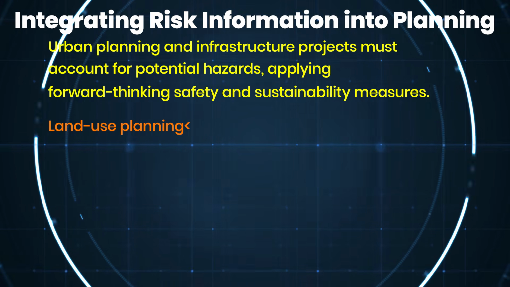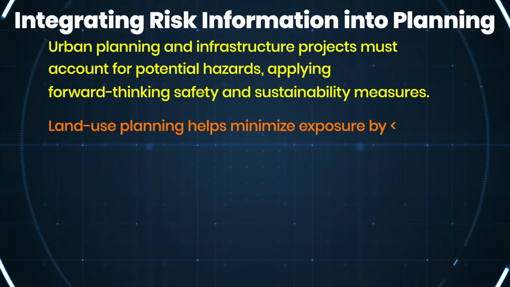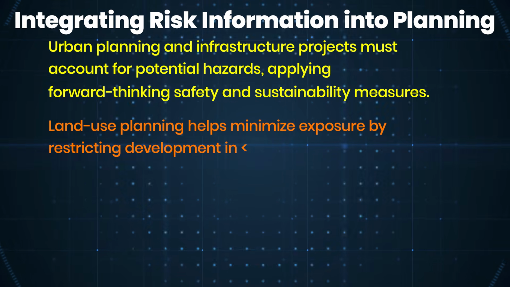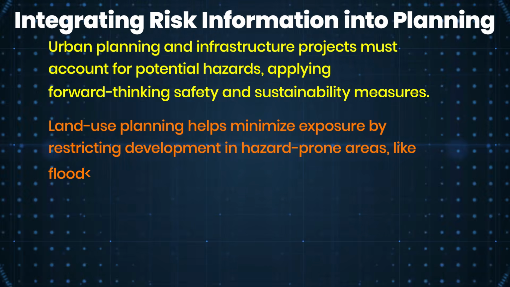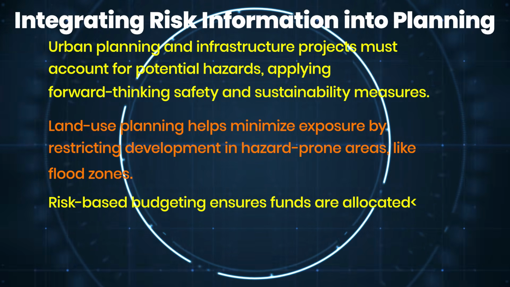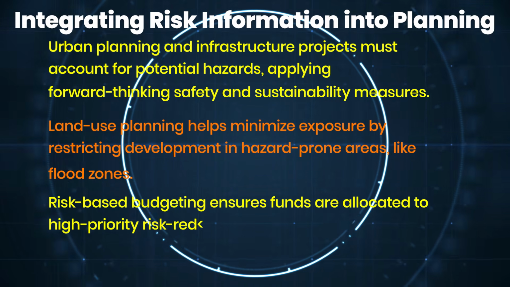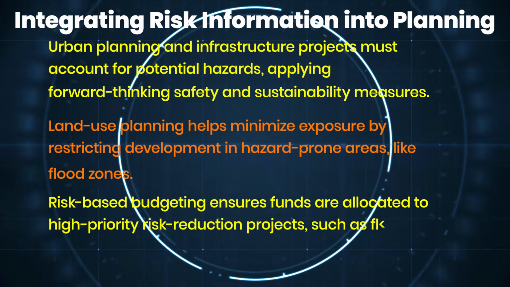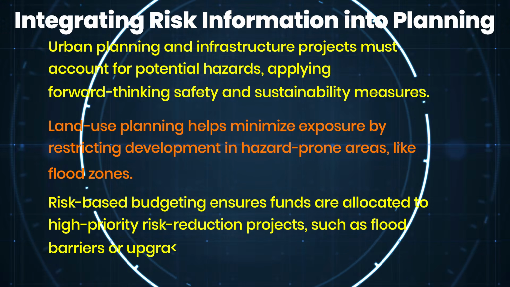Land use planning helps minimize exposure by restricting development in hazard prone areas like flood zones. Risk based budgeting ensures funds are allocated to high priority risk reduction projects such as flood barriers or upgraded drainage systems. As an example, earthquake prone cities enforce zoning regulations that prevent construction on unstable soil, reducing risk significantly.